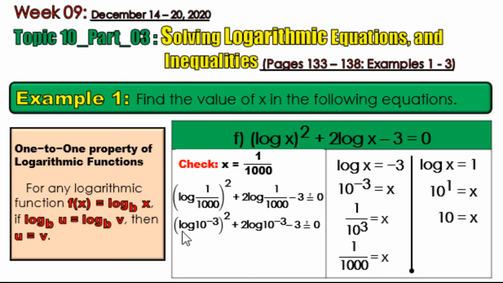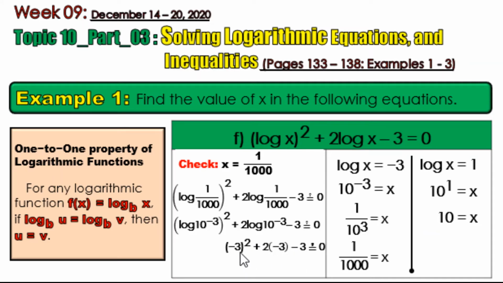What is the value of this? Logarithm of 10 raised to negative 3: our base is 10, so the exponent is the value, which is negative 3. We still have 2 times the logarithm, which is again negative 3, and then minus 3.